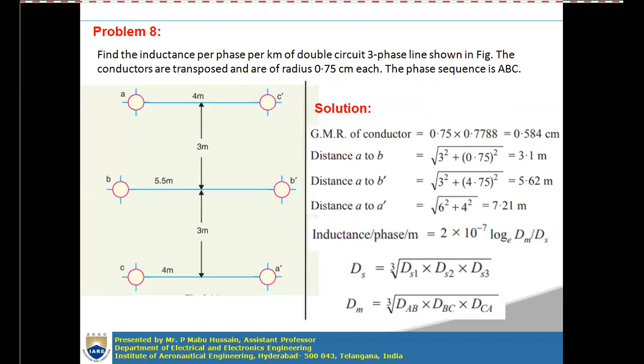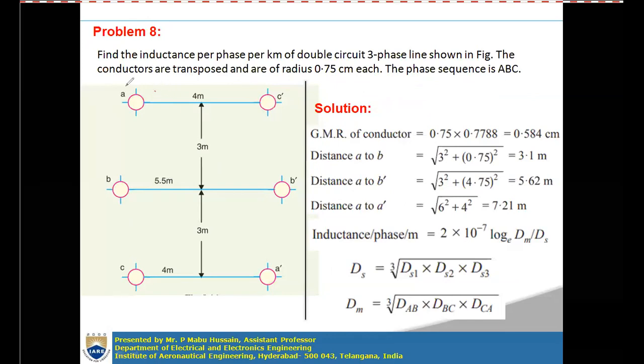Here you have a double circuit transmission line. For this you have to find the inductance per phase per kilometer of the double circuit transmission line, as shown in the figure. The conductors are transposed and the radius of each conductor is given as 0.75 centimeters. The phase sequence is ABC, it is given. Because of the figure, you have a total of two sets of three phases.